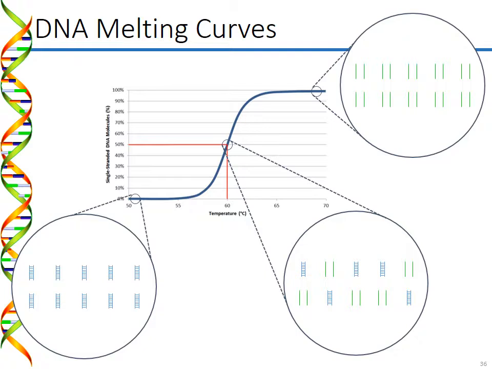It is important to realize that statistically, when you're talking about so many molecules, even at very low temperatures, you will have some of the DNA molecules which are in their single-stranded formations, and similarly at very high temperatures, you'll always have just a few DNA molecules which are in their double-stranded formation.